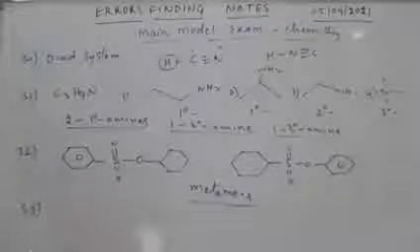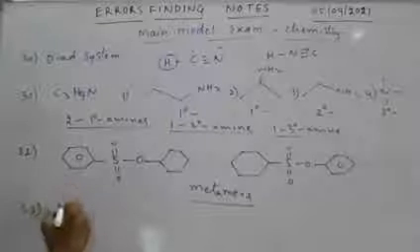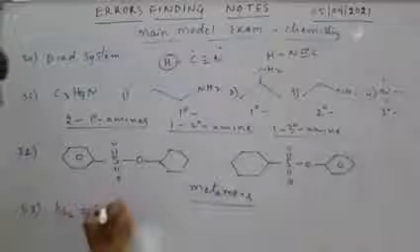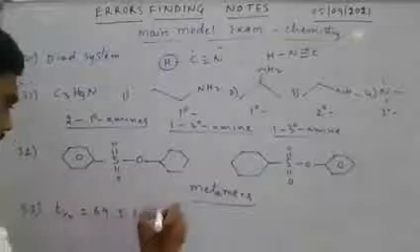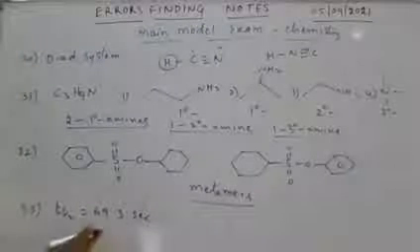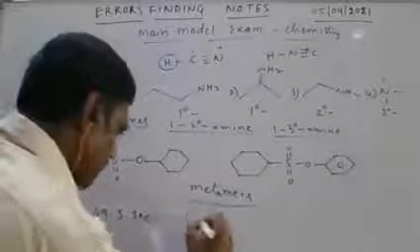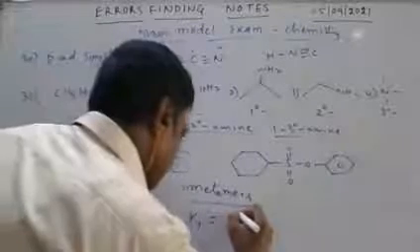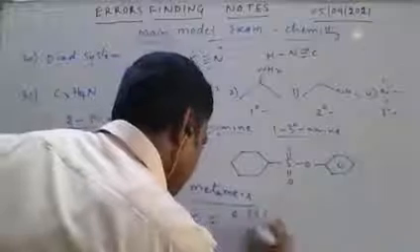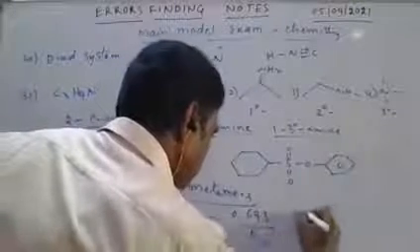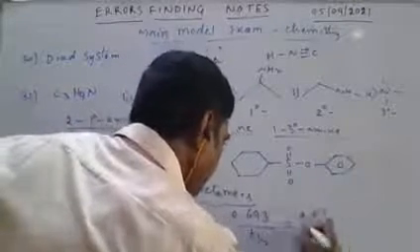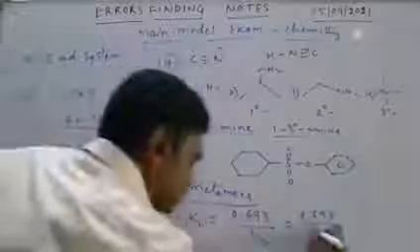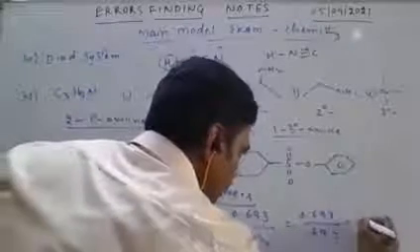Question number 33. Here the half-life, T half, is given as 69.3 seconds for a first order reaction, Nana. Here we need to calculate K1, Nana, the rate constant for the first order reaction. That is 0.693 by T half. The T half value is given as 69.3.